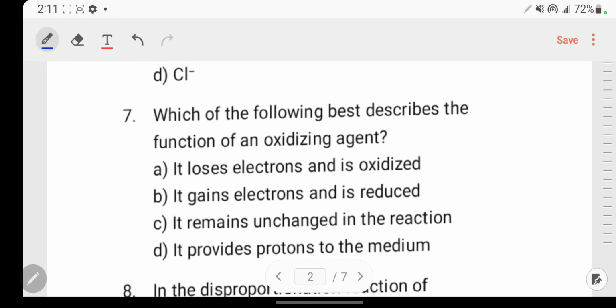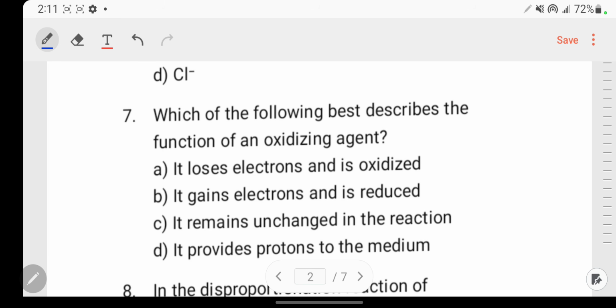Looking at question 7, which of the following best describes the function of an oxidizing agent? I repeat, the definition for an oxidizing agent is a substance that oxidizes another substance but ends up being reduced.